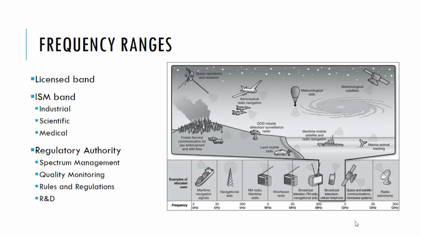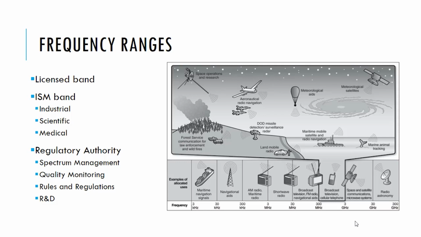Any regulatory authority inside a country is responsible for the spectrum management of this country, for dividing the frequency range inside this country among the authorities mentioned in the last slide, among the military and civil, among the satellite and terrestrial radio and television, to avoid interference and to save some guard band between the frequency ranges used for the different applications existing inside the country.